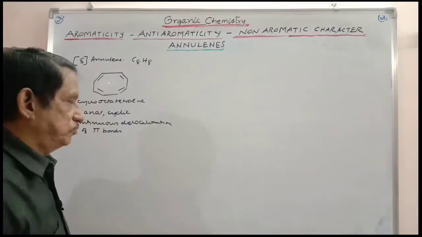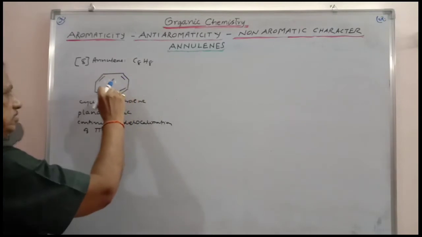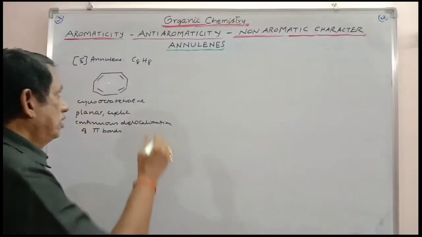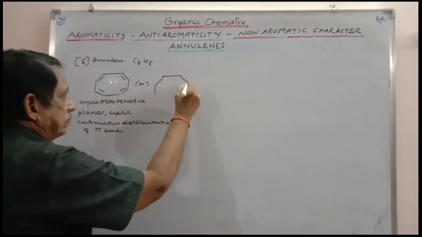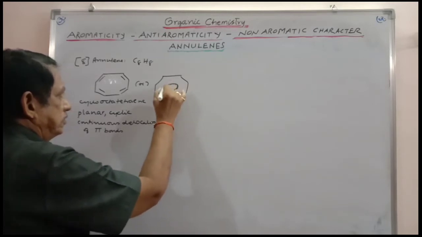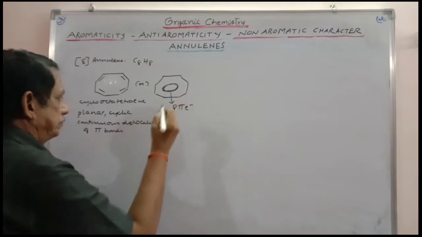That is conditional also. Pi, sigma, pi, sigma, pi, sigma, pi, sigma, like this. We have pi-pi conjugation. So this is the delocalized pi electron cloud containing 8 pi electrons.